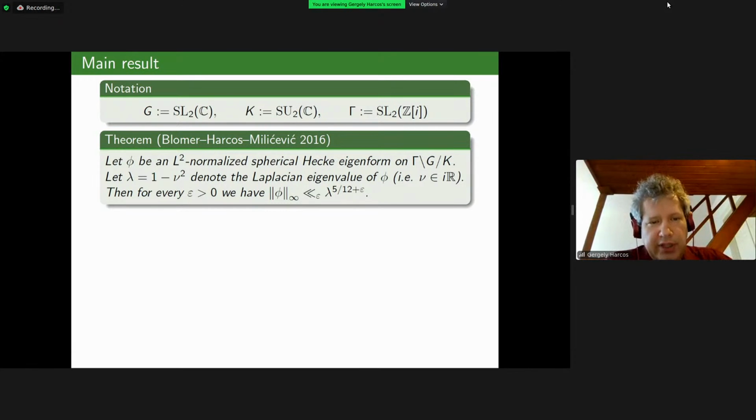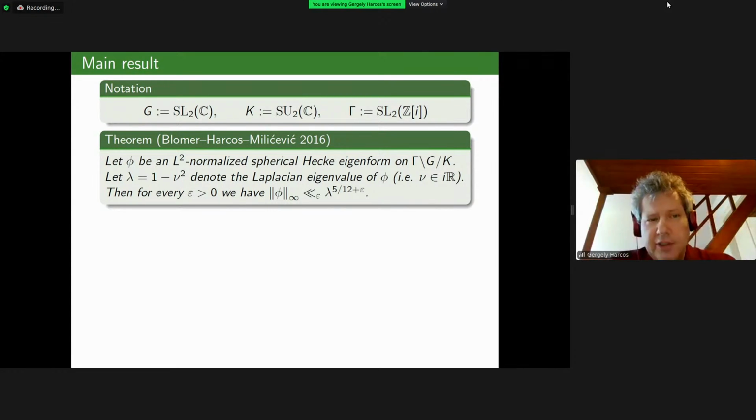And then for every epsilon, the global sup-norm of phi is bounded by lambda to the 5 over 12 plus epsilon. So here the baseline bound is lambda to the 1/2, and that has been improved to 5 over 12. Later, I will say a few words about heuristics for where the baseline bound might come from.